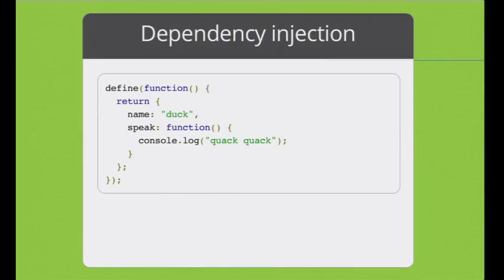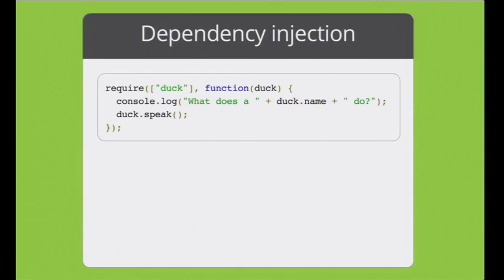So I pass in a function that does that definition. Here it's asynchronous, so this function won't actually be called until the module gets used. I'm then returning an object that's got a few properties. The name of this object is duck, and it's got a speak function which will quack on the console. So this module is my duck module.